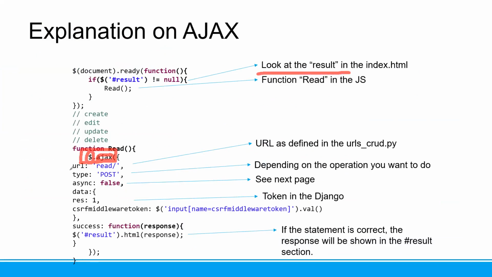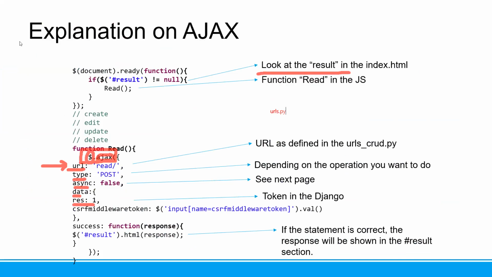So I will define the operations that I can do. For example, this is the URL. URL means what is the link. In Django, we define it in urls.py. But in JavaScript, we can specify the key URL, and then the link.